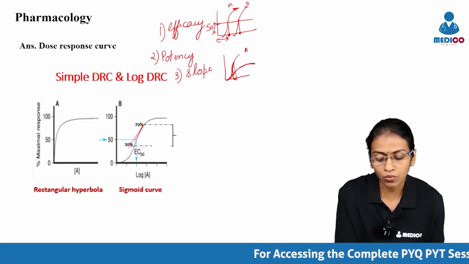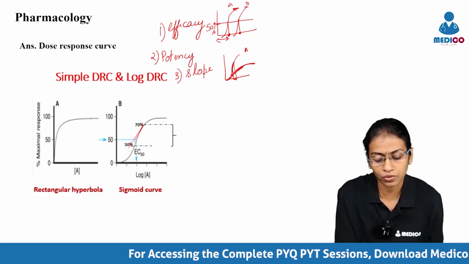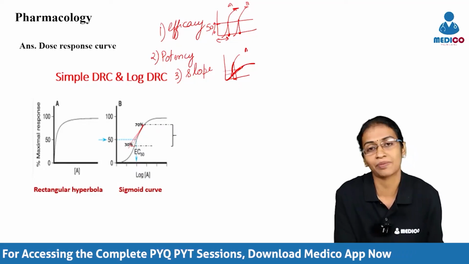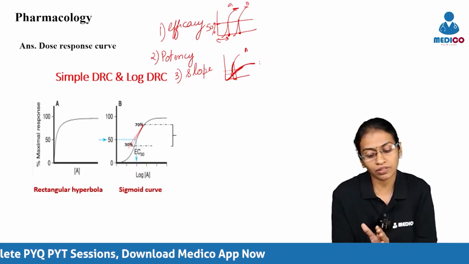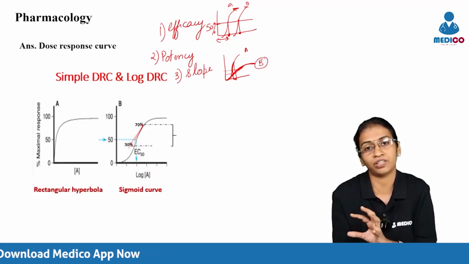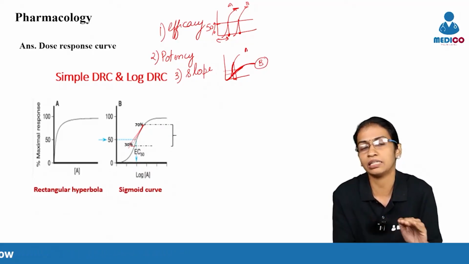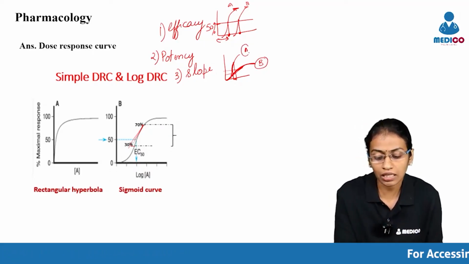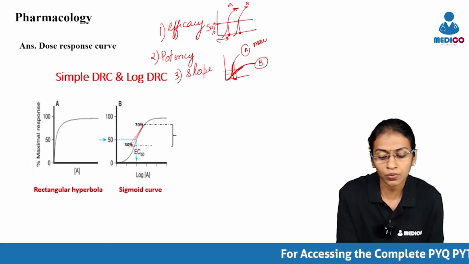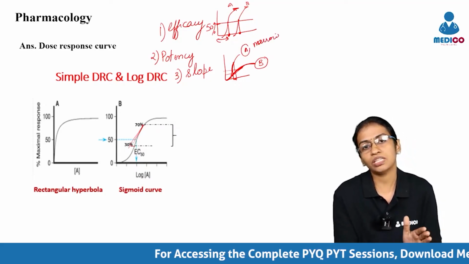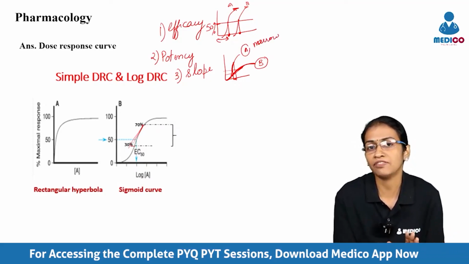Whereas here, over a wide range of doses, the response remains the same. So drug B you can safely give in individuals even with wide inter-individual variations. Drug A has a narrow safety margin. So these are some of the things that we can infer from a DRC.